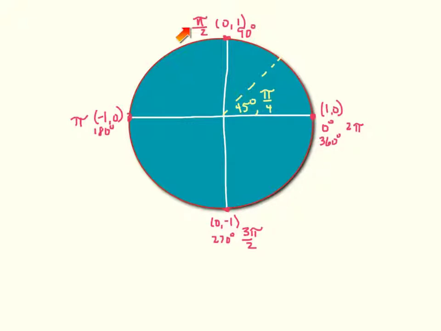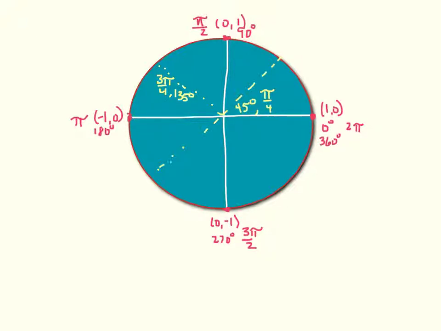Keep counting. We're at 3 pi over 4. I'm sorry about that line. So this is at 3 pi over 4, and if we just added 45 degrees to 90 degrees, this is at 135 degrees. 4 pi over 4 is pi.